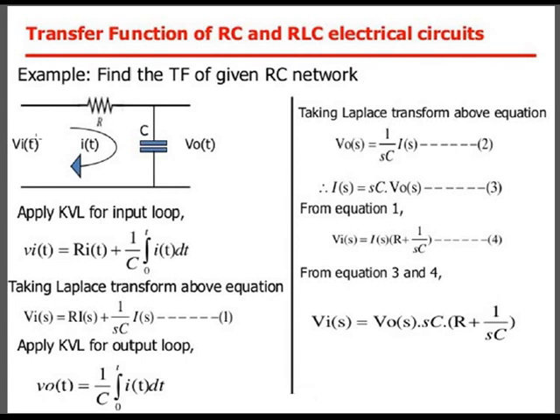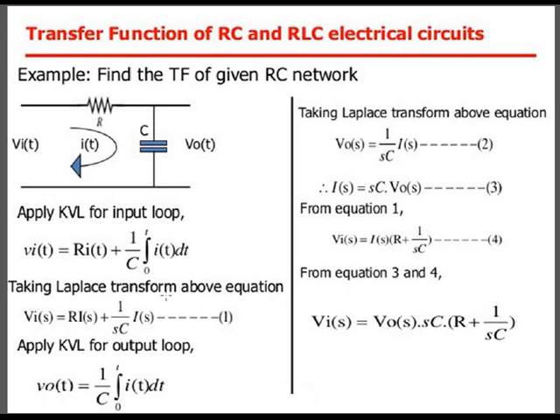This is the input voltage Vi(t), this is the output voltage V(t), and this is the circulating current i(t) through the resistor and capacitor. Now apply KVL for the input loop. It is given by Vi(t) = R i(t) + 1/C ∫ from 0 to t of i(t) dt. So this is the KVL for this closed loop.